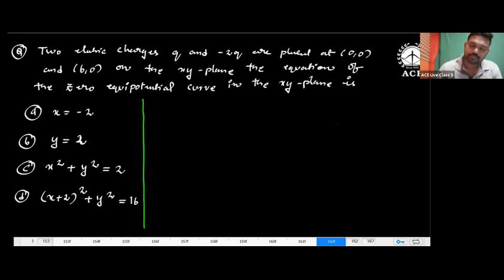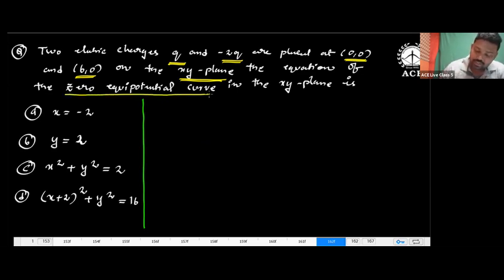Yes, beta. What should I do here? Electric charge Q and minus 2Q are placed at 0, 0 and 6, 0 on the XY plane. The equation of zero equipotential curve in the XY plane is.